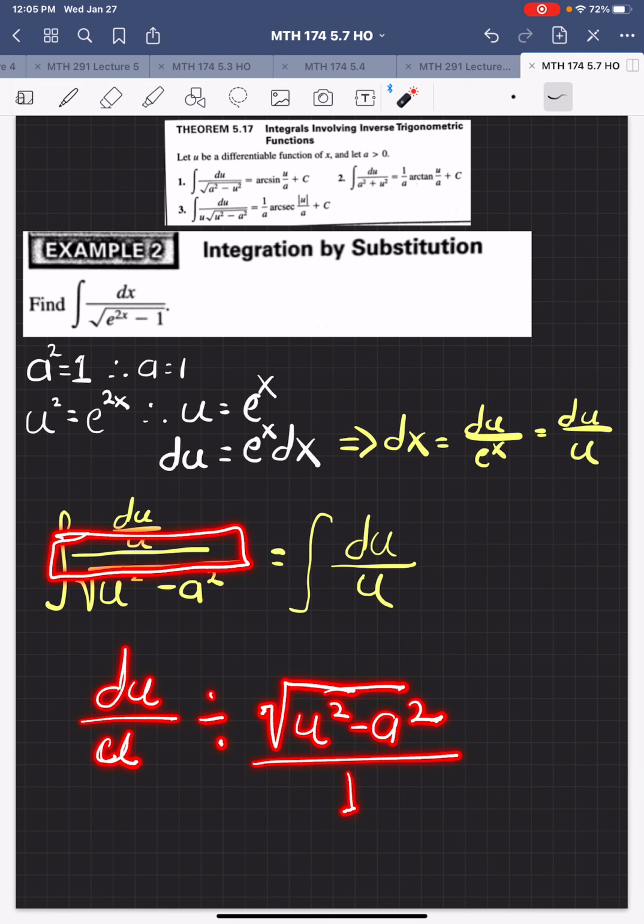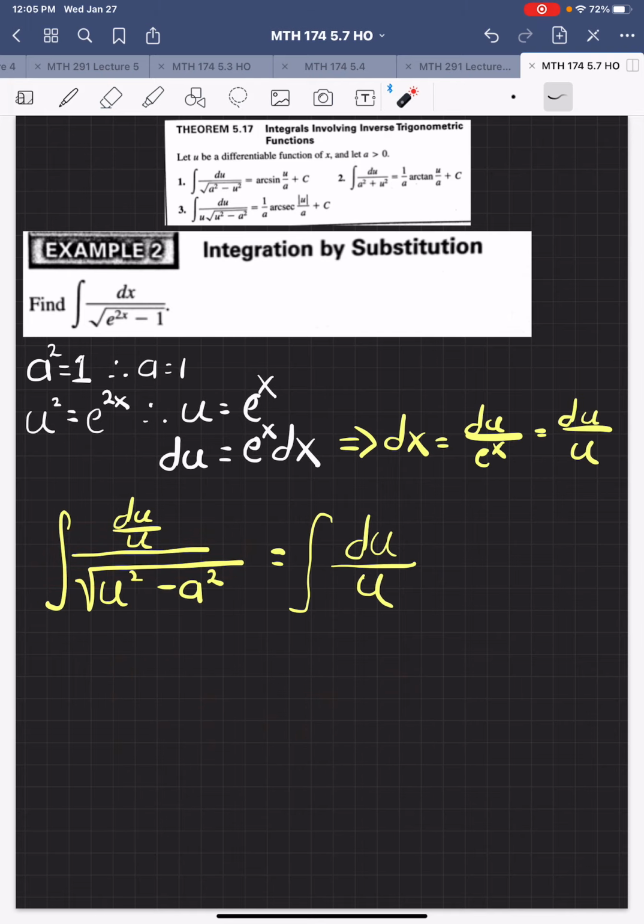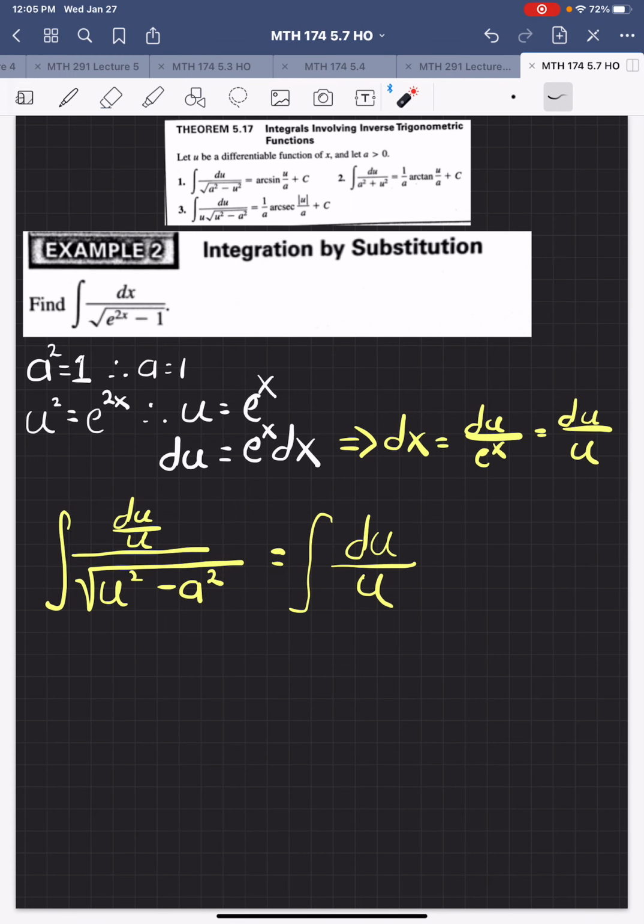When you divide fractions, you flip them and multiply. So let's get rid of this division bar, and we will flip this and multiply it. So that's going to be times 1 over the square root of u squared minus a squared. And there it is. Now this matches perfectly.